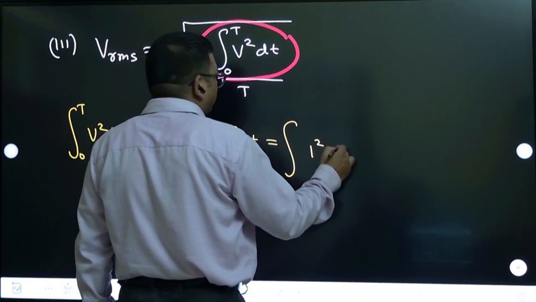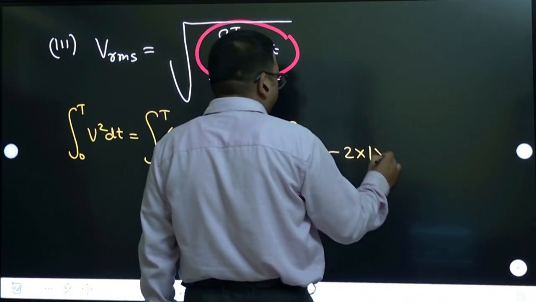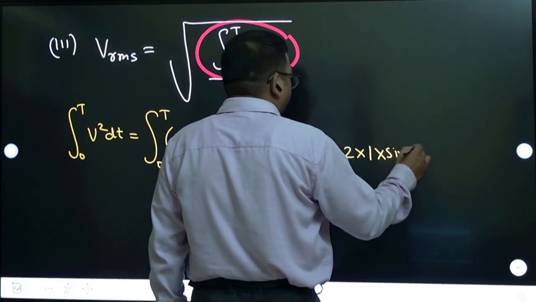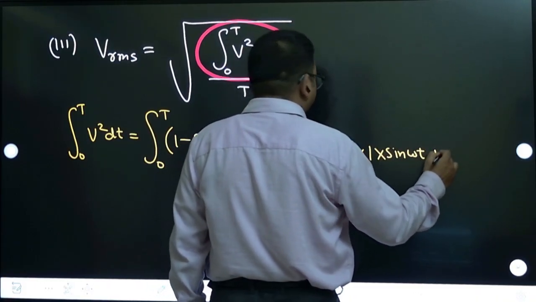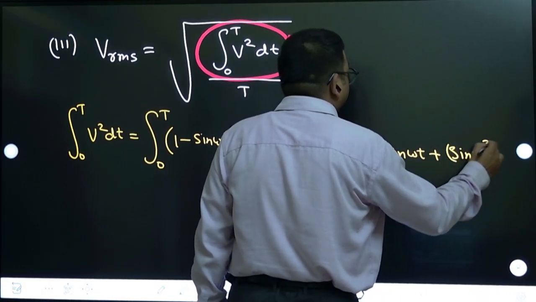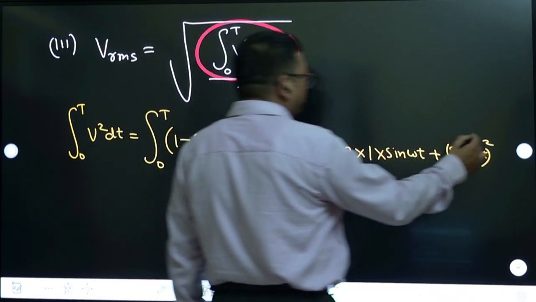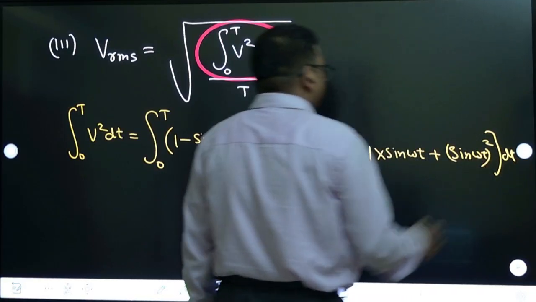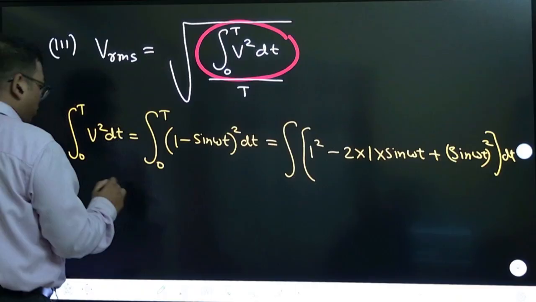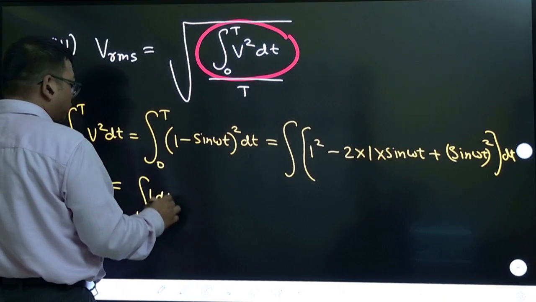a square minus 2ab, that is 2 into a into b, plus b square. b square means sin omega t whole square. So a square minus 2ab plus b square, and this whole thing we have to integrate, that is dt. Okay, so let us now open each of them. First term, 1 square means 1 only, 1 dt.